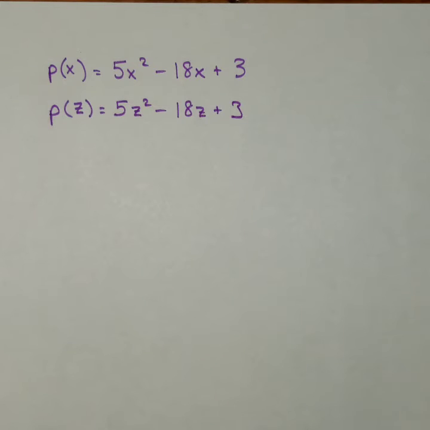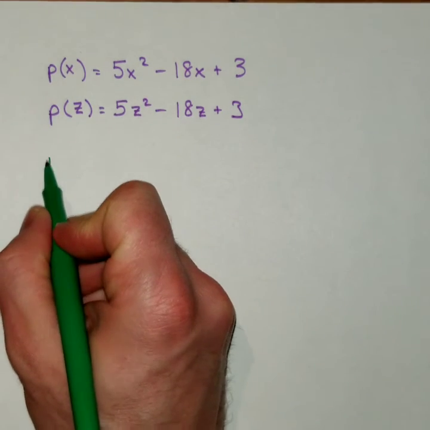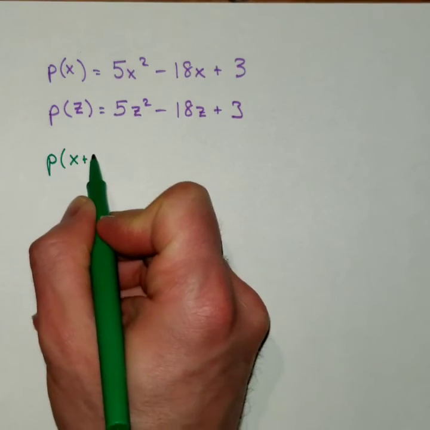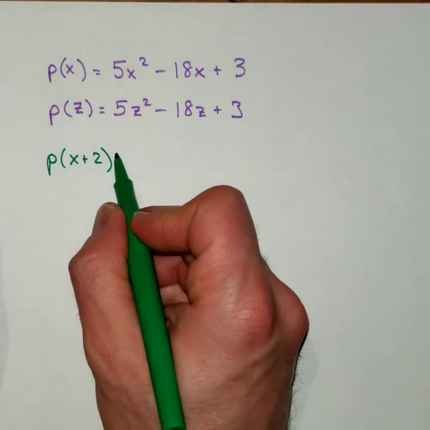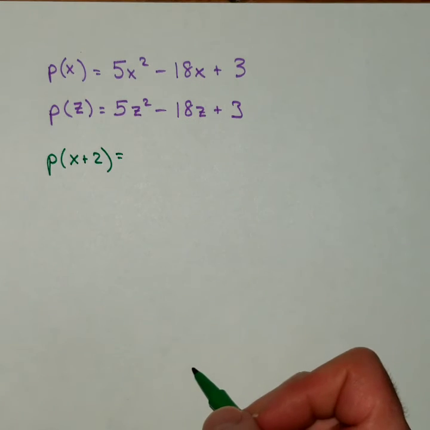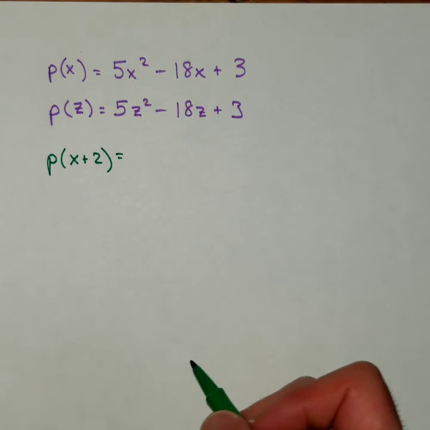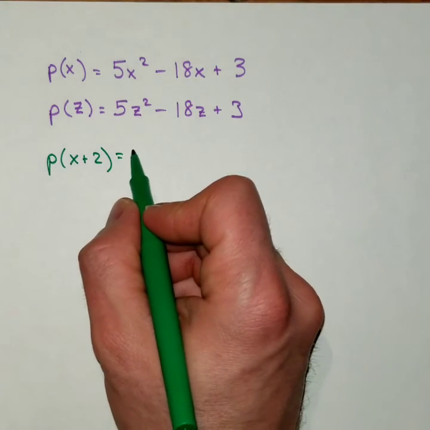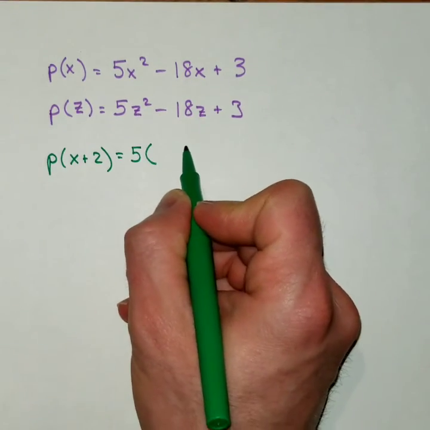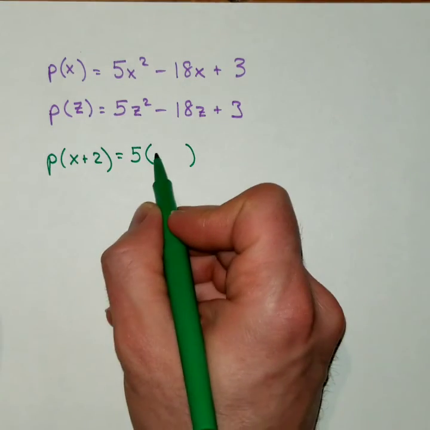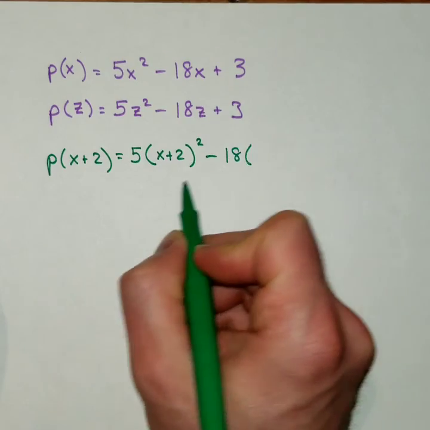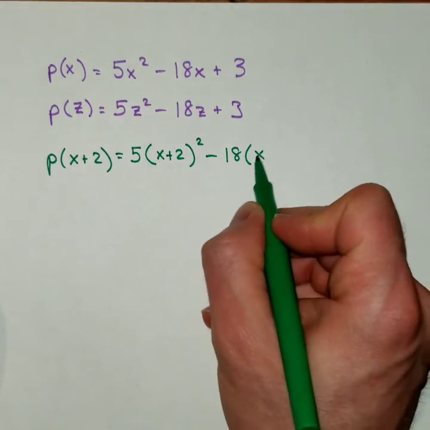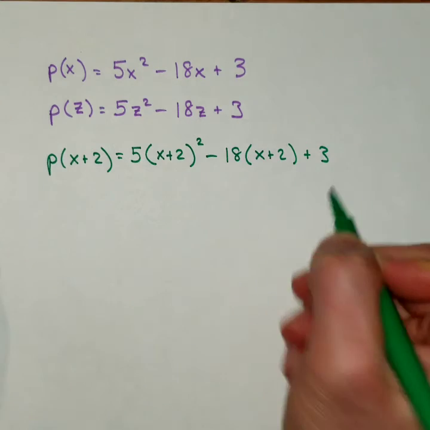Let's say I also wanted to change this up and compute p of x plus 2. Now I'm going to use an entire expression. Well, p of x plus 2, now this is maybe a bad example, but it would be 5 times, now the x becomes x plus 2 squared minus 18 times this x also becomes x plus 2 plus 3.